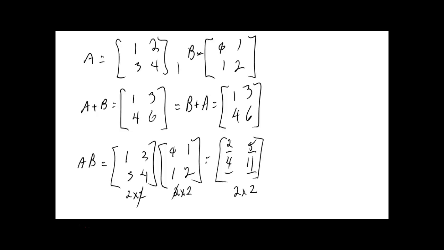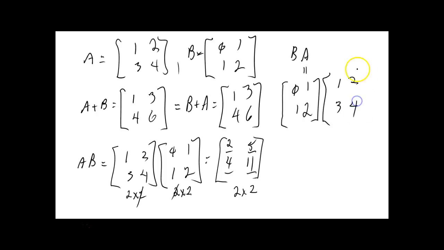Now, what we're testing here, they say now, let's do BA. Okay? We won't say what that is, but BA. And what would that be? Matrix B, which is 0, 1, 1, 2, multiplied by matrix A, which is 1, 2, 3, 4. I can remember that one. Can we multiply this way?